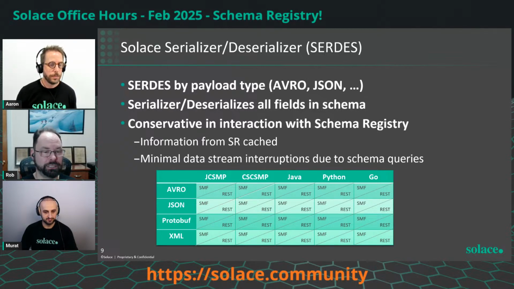Right now, the focus has been on our JCSMP Avro, and that's part of the beta right now. We're going to evolve that with JSON shortly, and both of those are SMF, and we're looking at discussing with customers the next steps, looking to get a couple of APIs going before GA.